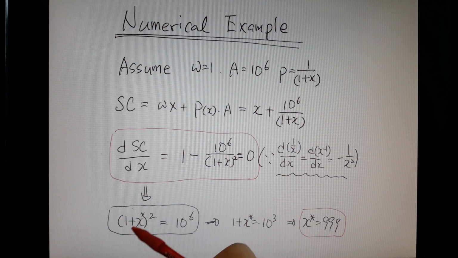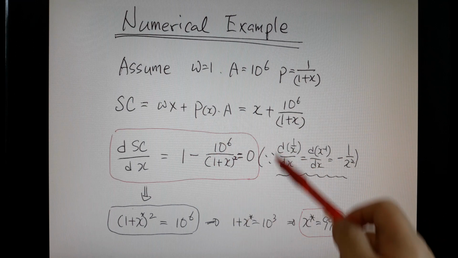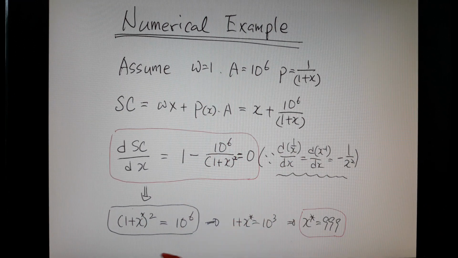So whatever x satisfies this would be the optimal x. That's why I denoted it as x star. 1 plus x star, the whole thing powered by 2, should be equal to 10 to the power of 6.